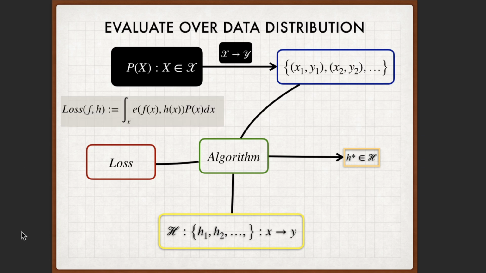Taking this view, we have the loss defined as an integral over all x on the x space, and at each x we take the pointwise definition of the error, and the integral is over all x, weighted by the probability or the likelihood of a data sample arising at different x values.